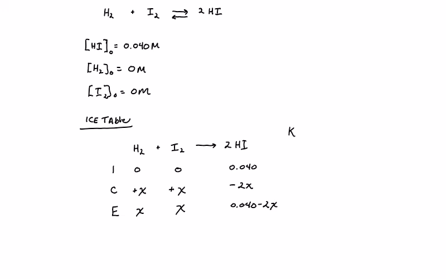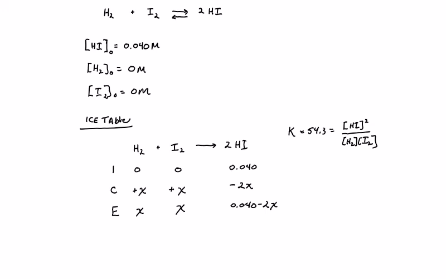Now, we need to know what the equilibrium constant is for this reaction. And that equilibrium constant is 54.3, which, based on the equation, is going to be equal to the concentration of the products, which is HI raised to the power of 2, divided by the concentration of the reactants, which is H2 and I2.